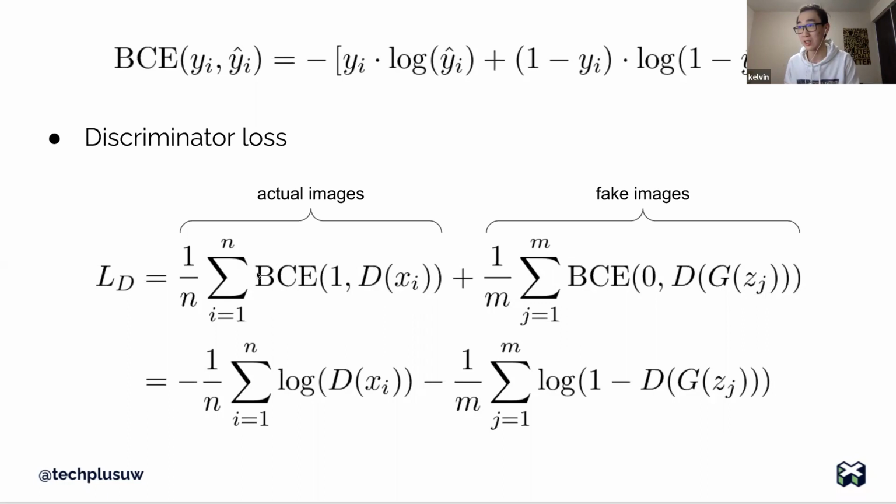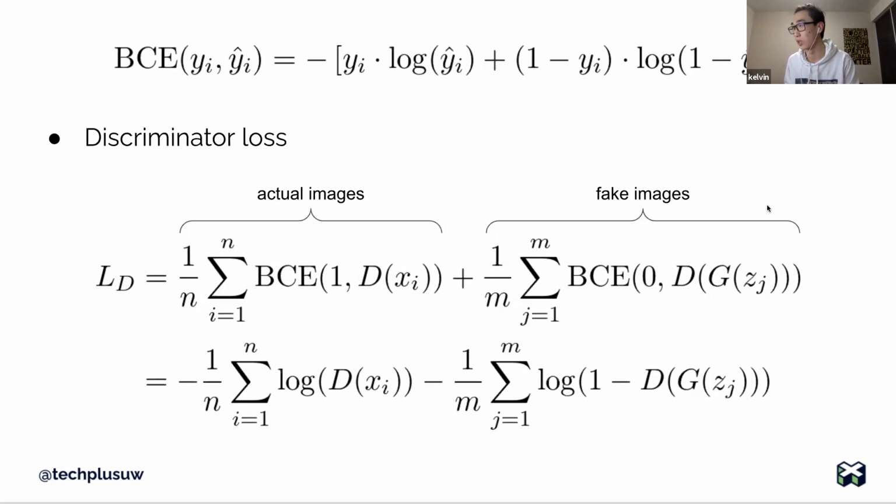By setting this binary cross entropy to compare against 1, we want the discriminator to make predictions closer to 1, since these are the actual images. If the discriminator predicted 1 here, our cross entropy would be very low and our whole loss would be low. Whereas if the discriminator was wrong and predicted 0, this cross entropy would be very high and our loss would be high as well.